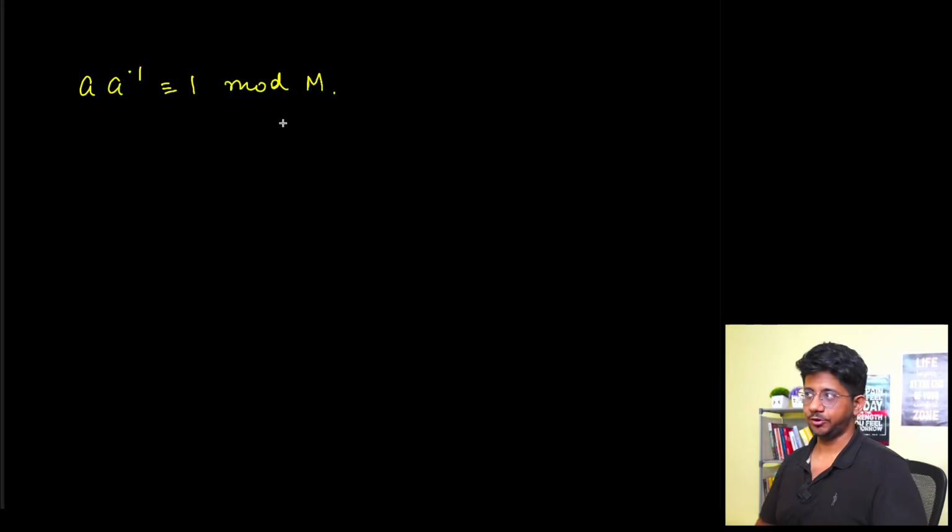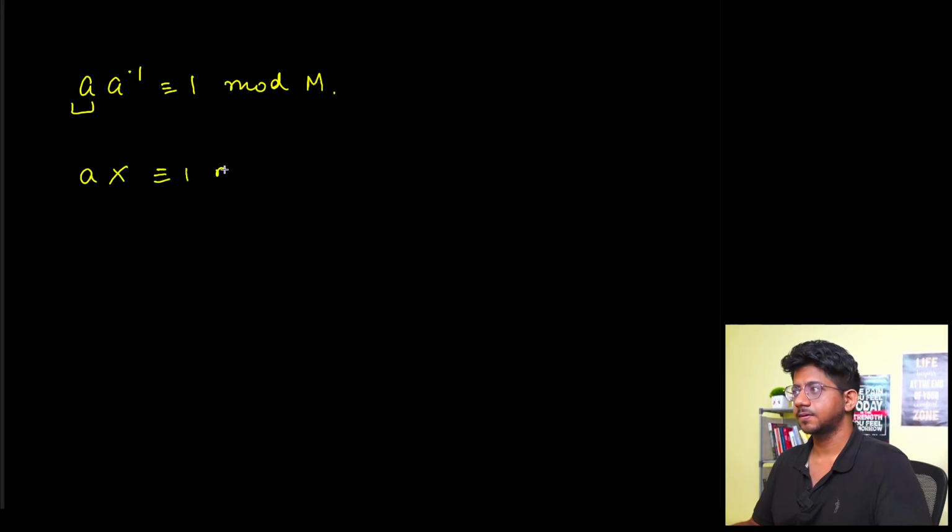I don't know if it's prime or not, but I want to find an inverse. So A into A inverse, 1 by A basically in its numerical sense, will be congruent to 1. So what can we multiply this with so that we get a 1? So I can write it this way. Let's say we don't know the inverse, so I'm going to write it this way. Okay, this is what we are dealing with.